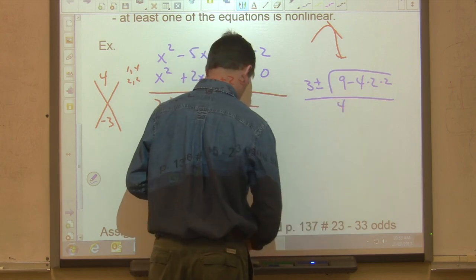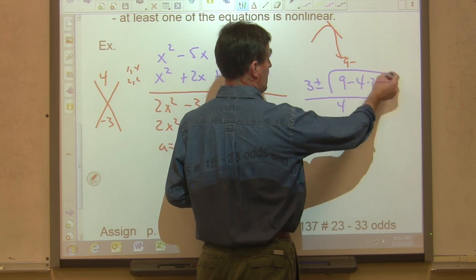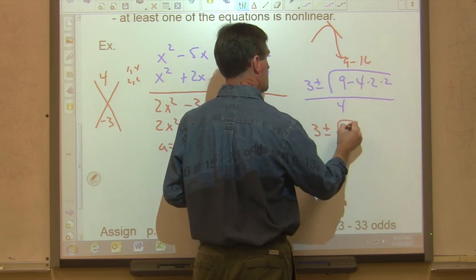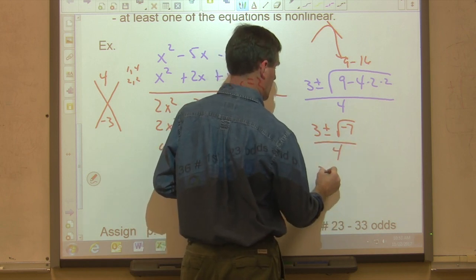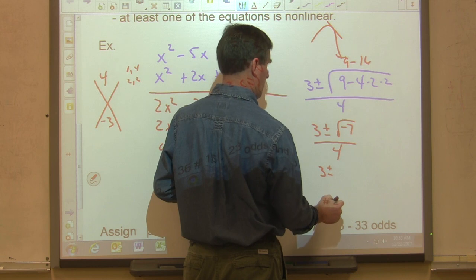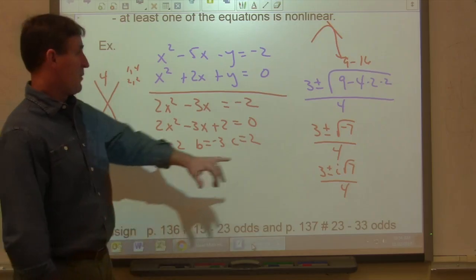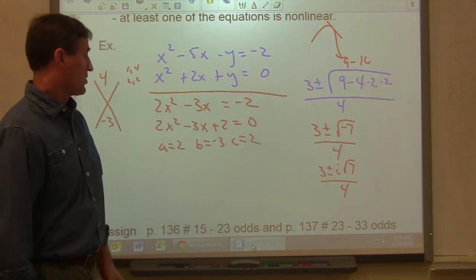So we get 9 minus 4 times 2 is 8, times 2 is 16. So we get 3 plus or minus the square root of negative 7, over 4. And so we get 3 plus or minus i square root of 7. You can see we got an imaginary number, so there would be no real solutions. And we just put no real solutions for that.